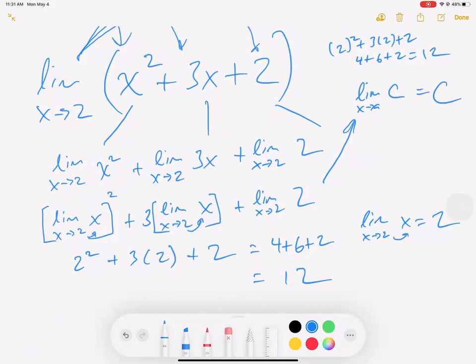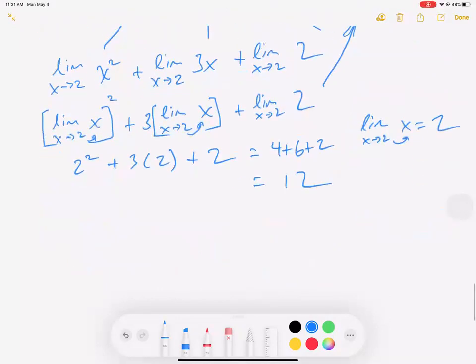It's because limit is different than function. Remember, if I wrote f of 2, don't we just plug in the 2? How's that different than me writing it this way?